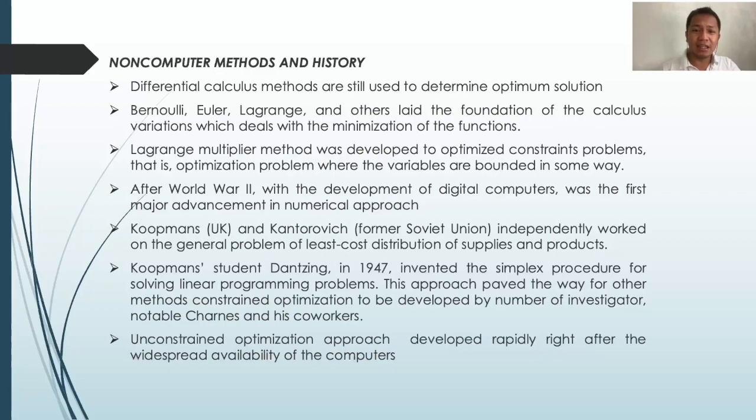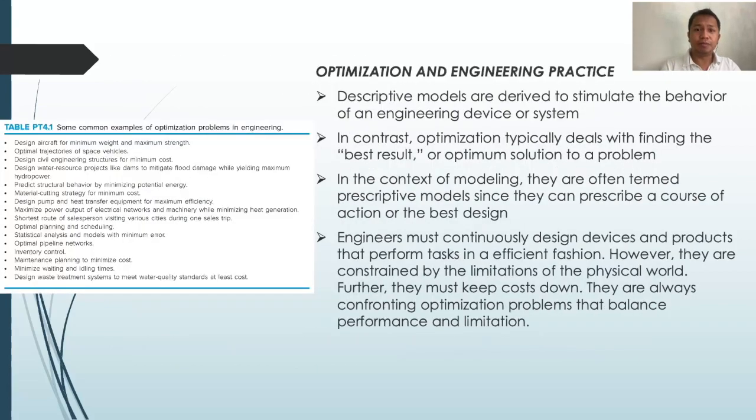Koopmans' student Dantzig in 1947 invented the simplex procedure for solving linear programming problems, and this approach paved the way for other methods of constrained optimization to be developed by a number of investigators. Notable are Charnes and his co-workers. Unconstrained optimization approaches developed rapidly right after the widespread availability of computers.